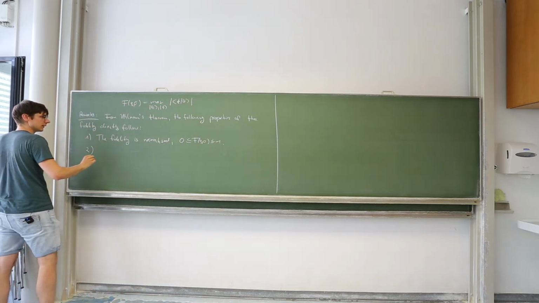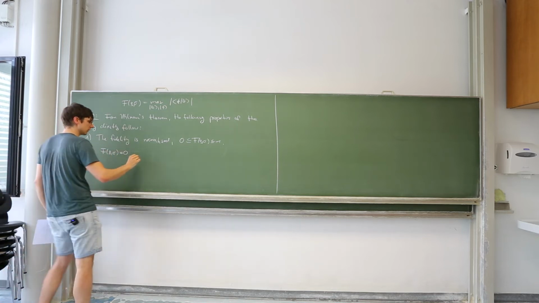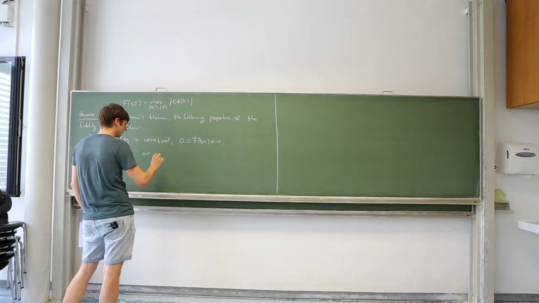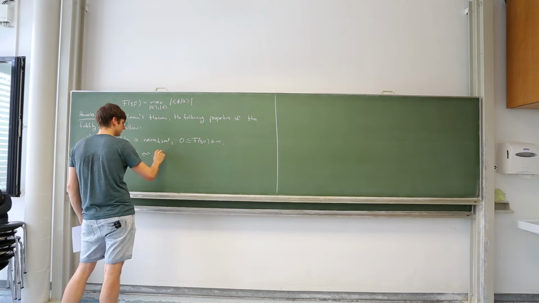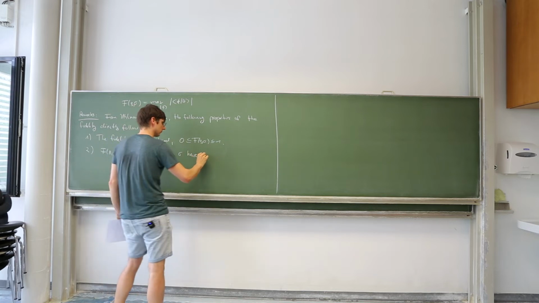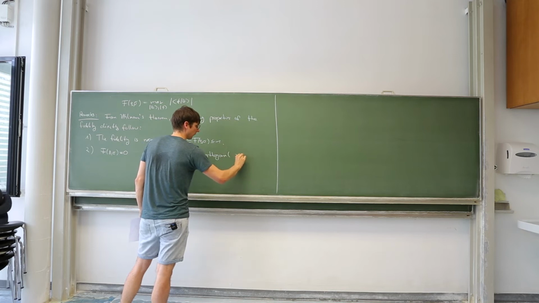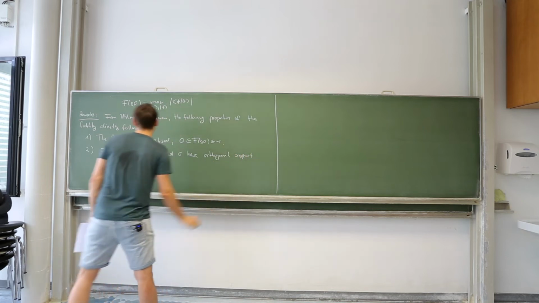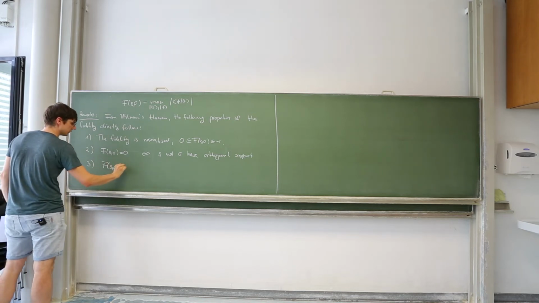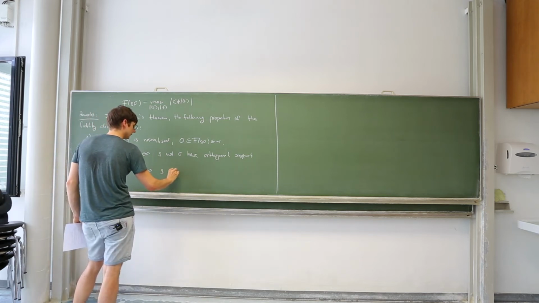Second, that fidelity is equal to 0 if and only if rho and sigma have orthogonal support. And then number 3 is that f of rho and sigma is equal to 1 if and only if rho is equal to sigma.